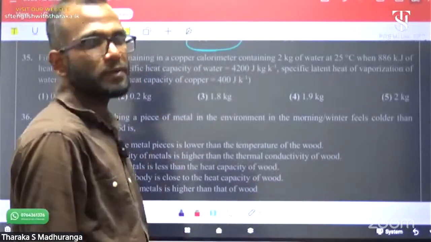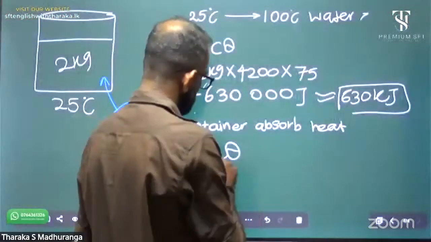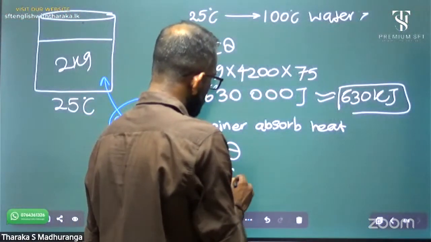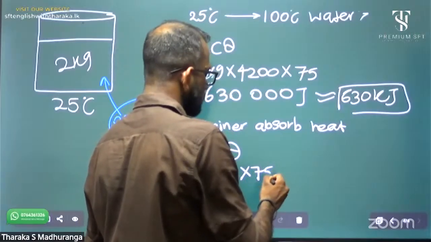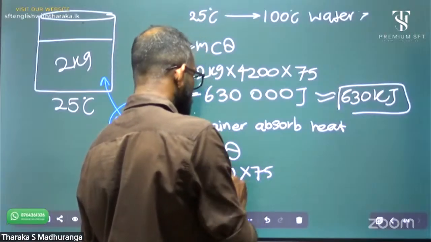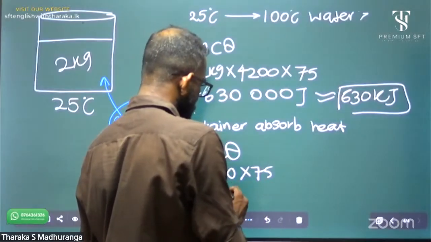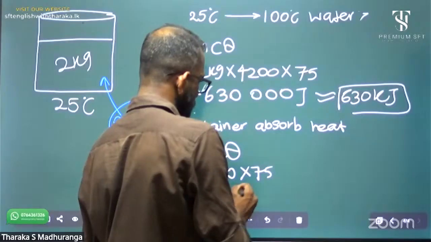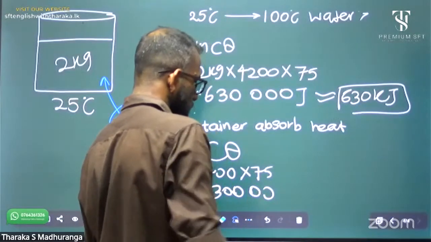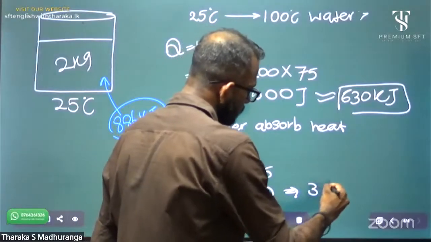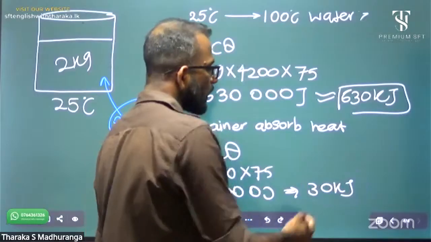Heat capacity of copper 400, temperature difference 75. 75 into 4 is 300, and 20s, so 30,000. 30,000 means 30 kilojoules, right? 30 kilojoules.